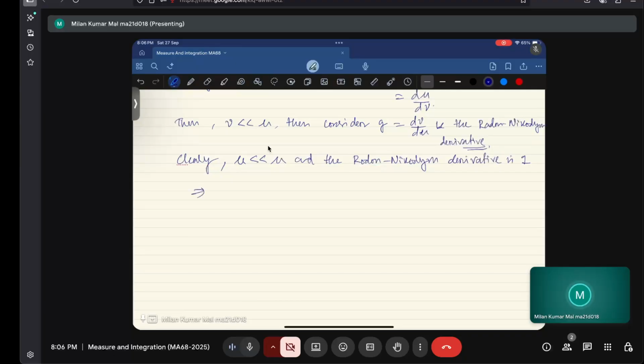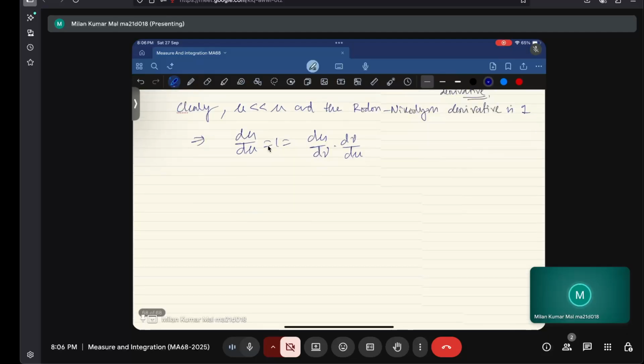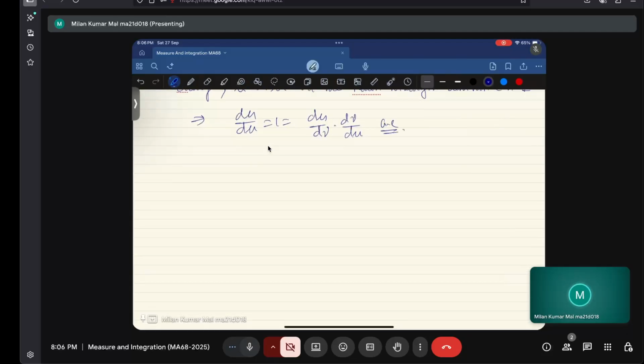So that gives that d mu by d mu is equal to 1, which is d mu by d nu times d nu by d mu. This gives, almost everywhere, that d mu by d nu is equal to d nu by d mu inverse.